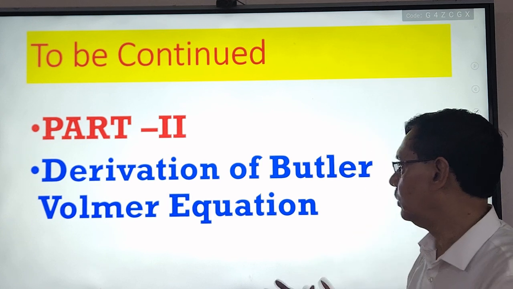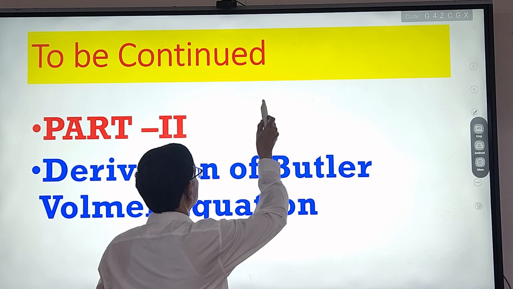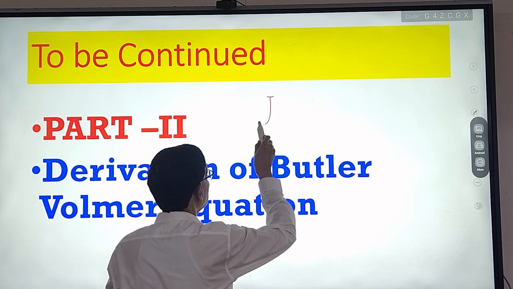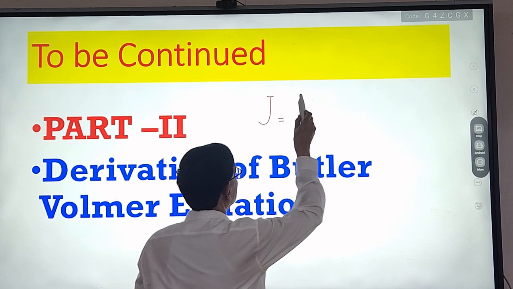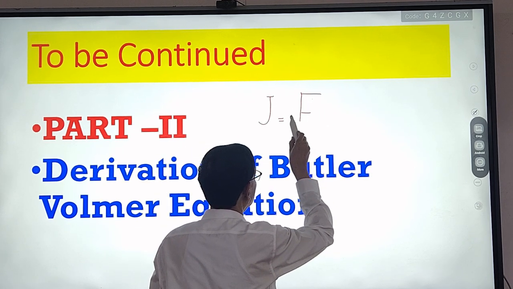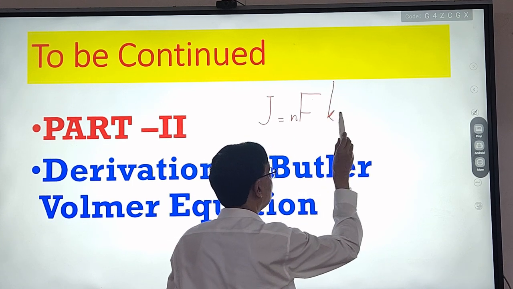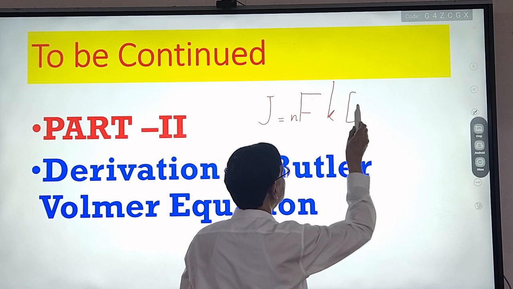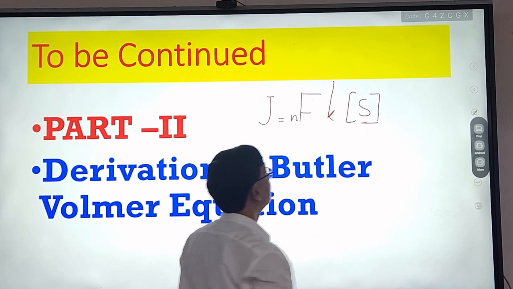That means I will do nothing, because again and again I am saying that in the second part what we have seen is that J, if I write J is equal to F, F is common, n I have not written because single electron transfer, and k may be cathode or anode, I have not written anything. Species, because I have not written cathodic current or anodic current.